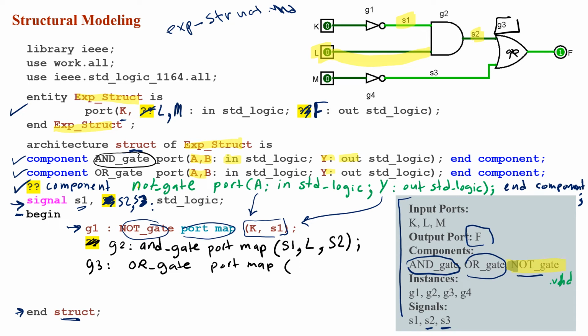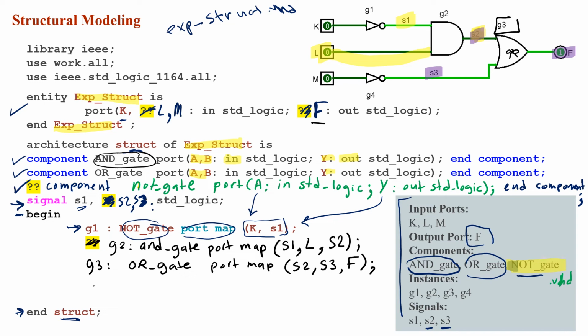This OR gate takes, I will highlight it in purple, S2 and S3, and it outputs F. So S2, S3, comma, F. F is my output and it's listed as a port, and I define it through gate 3.